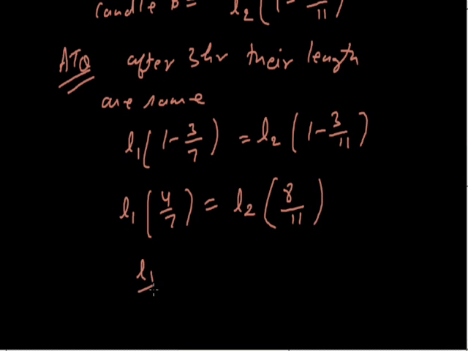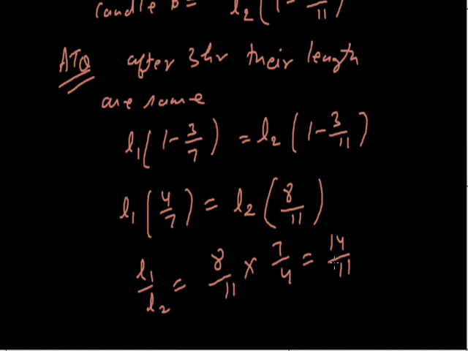So L1 upon L2 is equal to 8 by 11 into 7 by 4, which is equal to 14 by 11. But in the question we have to find the ratio of the length from shorter to the longer.